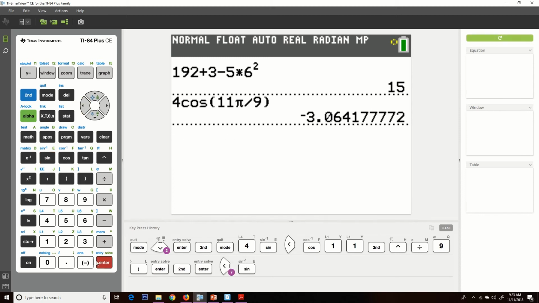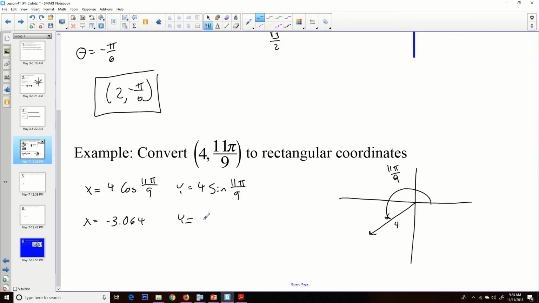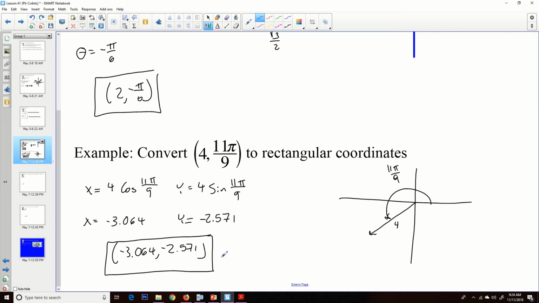There we go. And we get negative 2.571. And so our final answer is negative 3.064, comma, negative 2.571. And again, we use the calculator on this one because that is not on the unit circle.